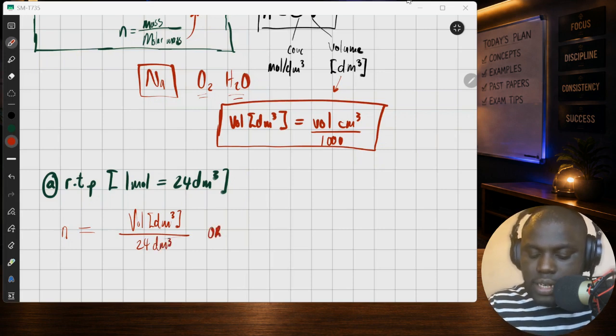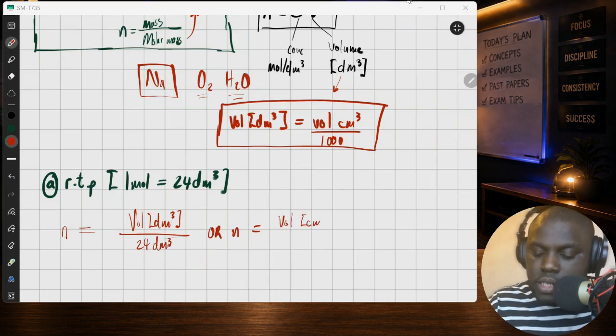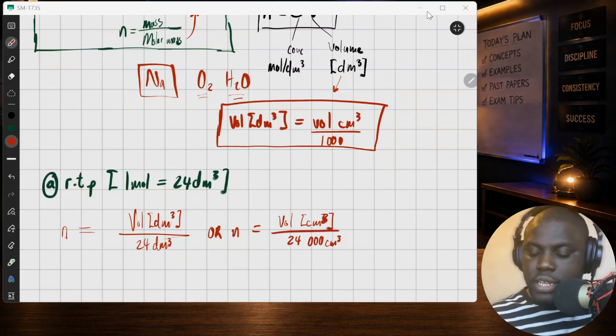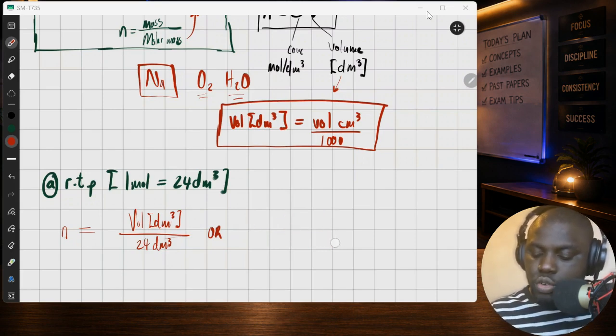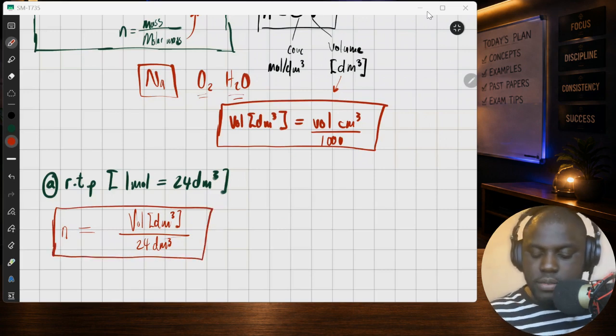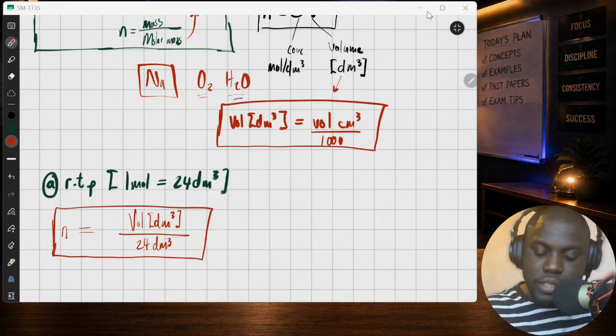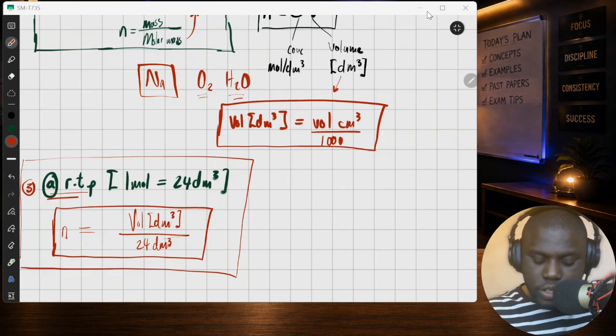Or you can say number of moles is equal to volume in cm cubed divided by 24,000 cm cubed. Well, maybe I don't want you to get used to this. I want you to get used to volume in dm cubed divided by 24 dm cubed. This is at RTP. So this is the third situation. As long as you are told that you are at RTP, this is what you're going to use.